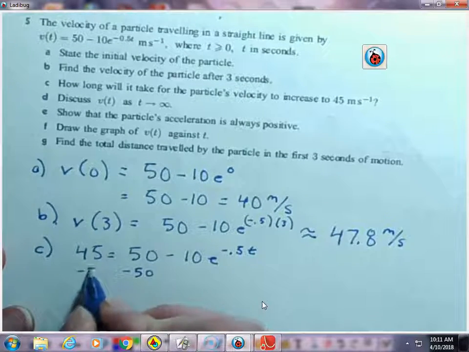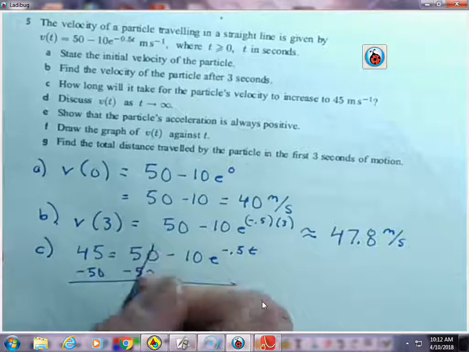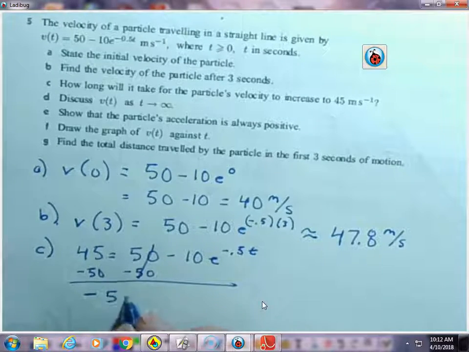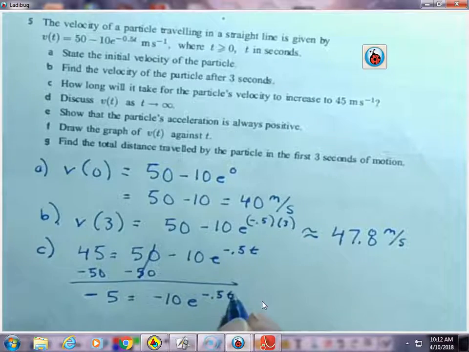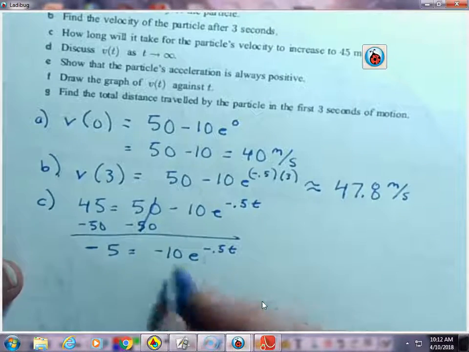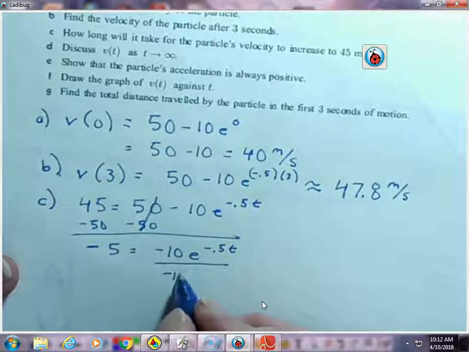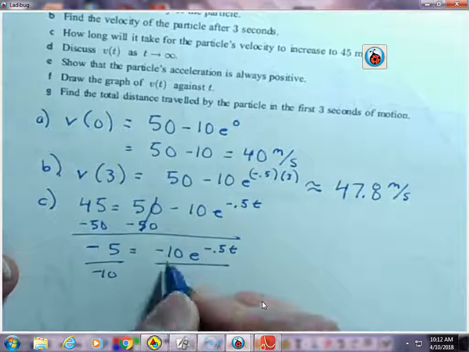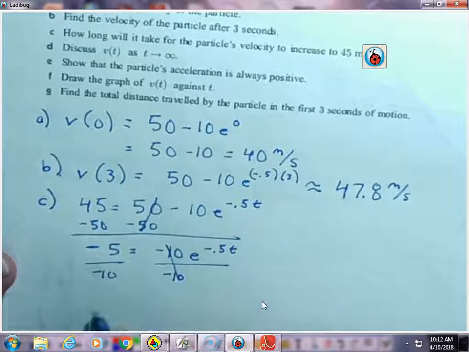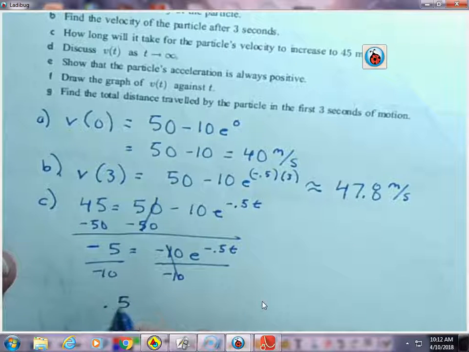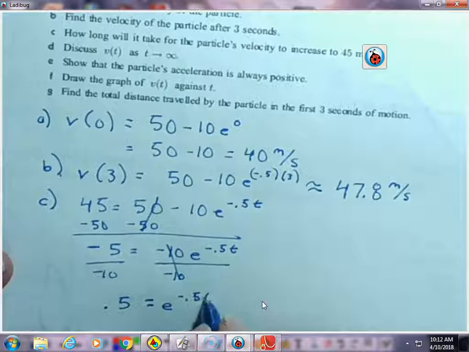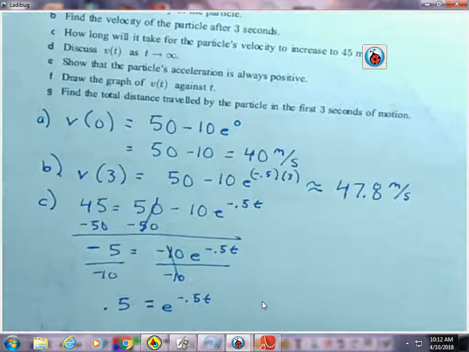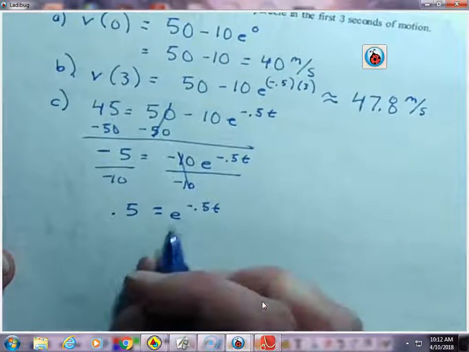Don't do ln until you get the exponential expression isolated. Still wouldn't do it yet. I'm also going to divide by -10. All right, then what?